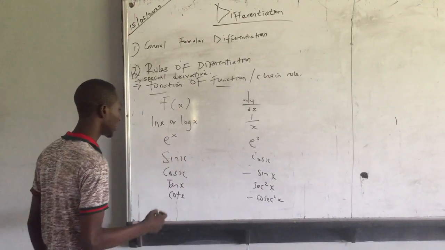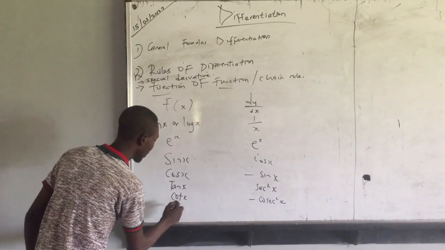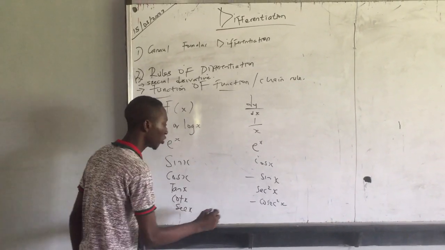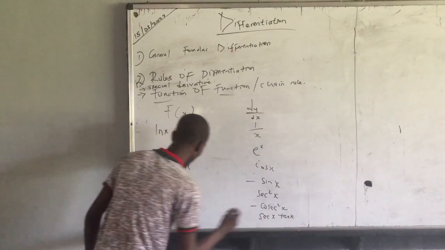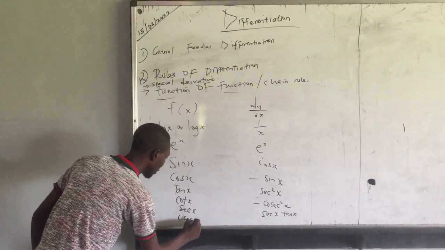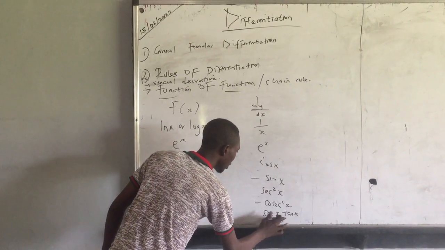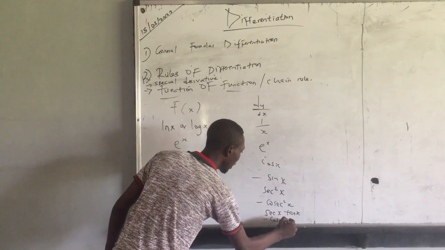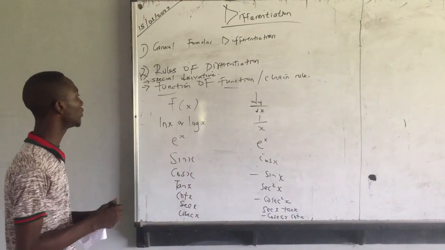Now if you differentiate sec x, it becomes sec x tan x. And if you differentiate cosec x, it becomes minus cosec x cot x. So please take note of this.